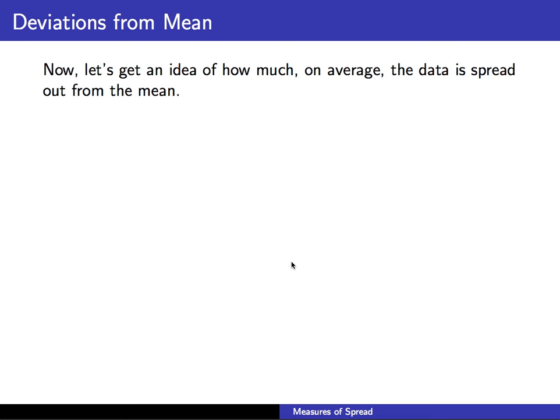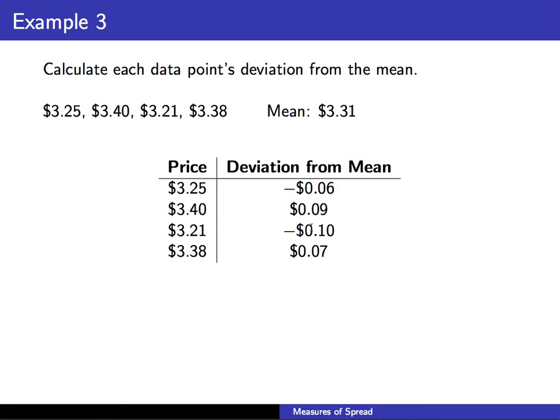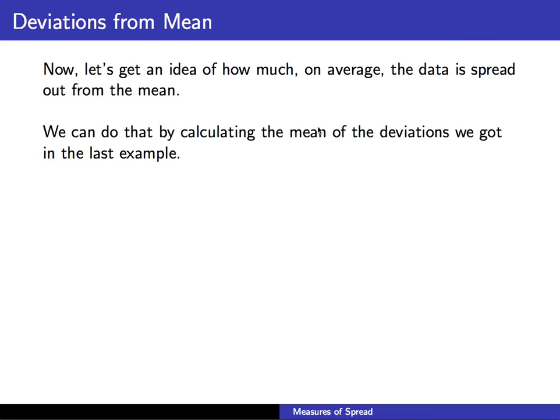So now let's get an idea of how much on average the data is spread out from the mean. We calculated these deviations, and on average, how far are each of these 4 points away from our mean gas price of $3.31? We can do that by calculating the mean of the deviations we got in the last example.